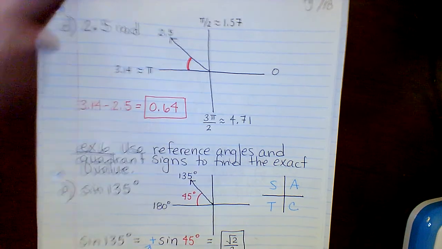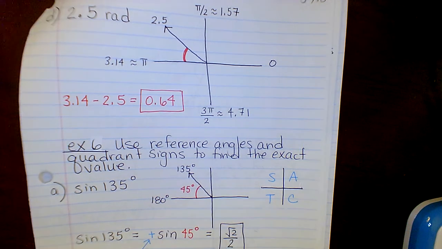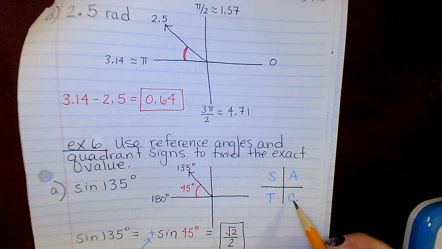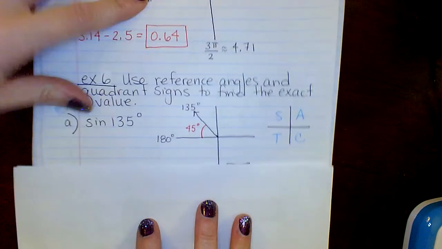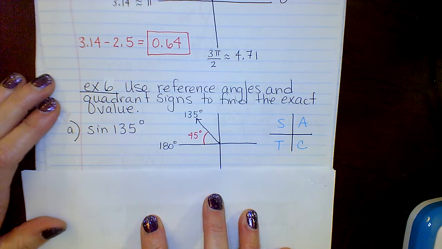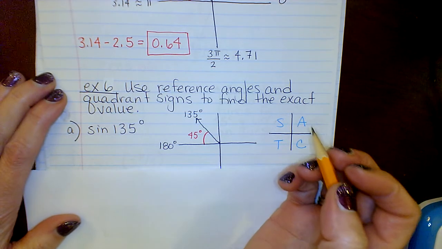Okay, so here's what we're going to do. We're going to be able to use reference angles and these quadrant signs to find exact values. For instance, the sine of 135 degrees. You could use the unit circle: find 135 degrees, find that reference point, use the definition of sine.